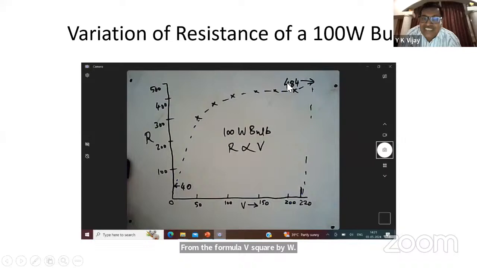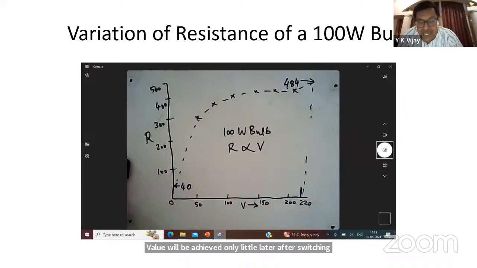So when you say equilibrium, you mean its temperature is not going to rise anymore. Am I right? Yes, correct. Temperature becomes stable, and whatever power it is consuming comes into equilibrium with the environment. That means when the manufacturer prints 220 volt, 100 watt on the bulb, that value will be achieved only a little later after switching the bulb on.